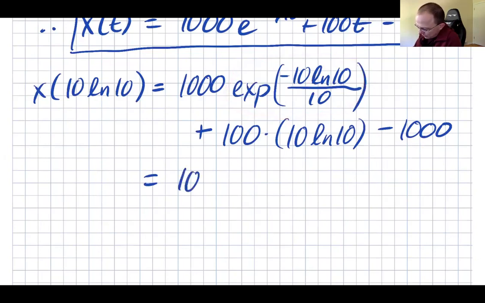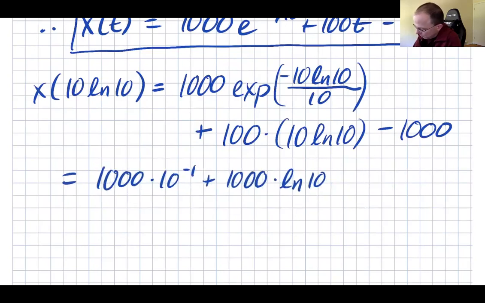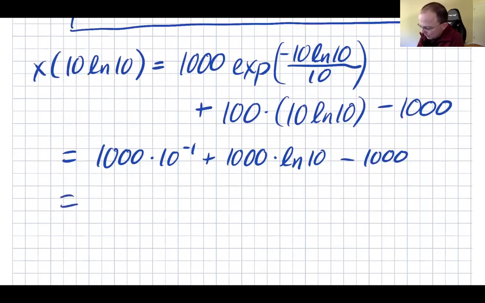So that'll be 1,000 times 10 to the minus 1 plus 1,000 times log 10, and then we'll have minus 1,000. Okay, so this will be like dividing 1,000 by 10, so that'll be 100.